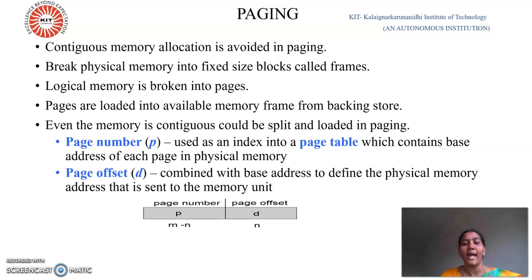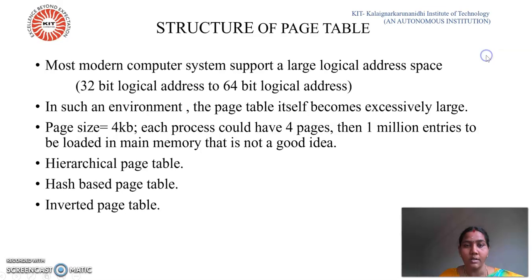Page offset is your displacement part, which tells where inside the page your current location is. The page number combined with the page offset gives the page table structure.